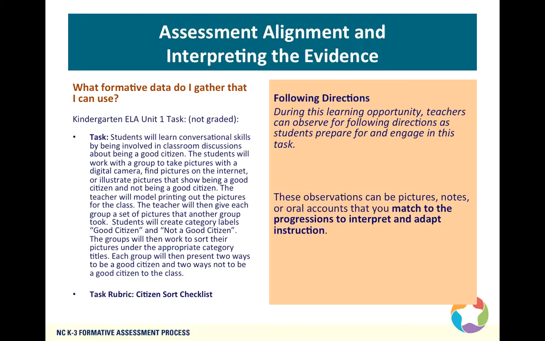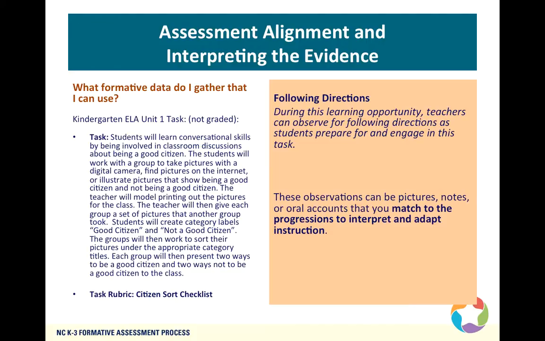Let's take a look at another piece of the task that you are already doing. Here's another ELA Unit 1 task in your district. This one is around the citizen sort checklist. Here, students are expected to come together and do an activity around good citizen, not a good citizen.